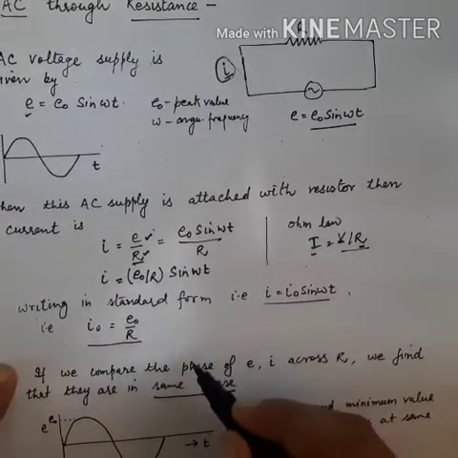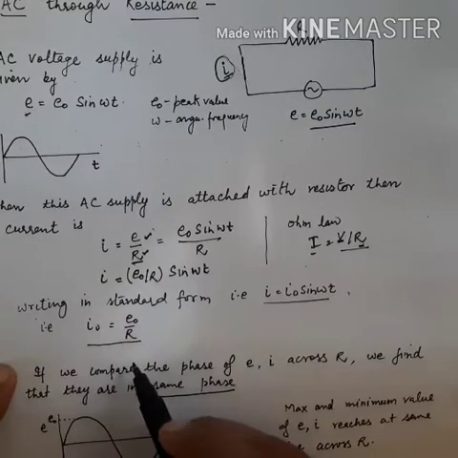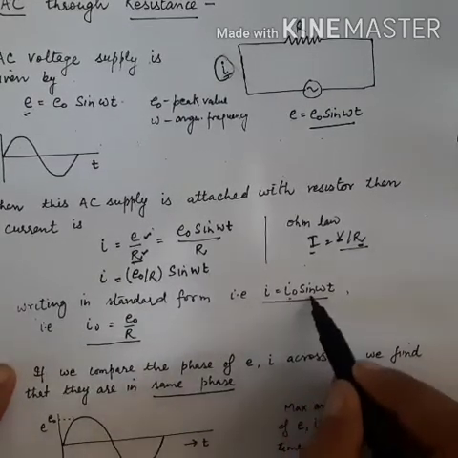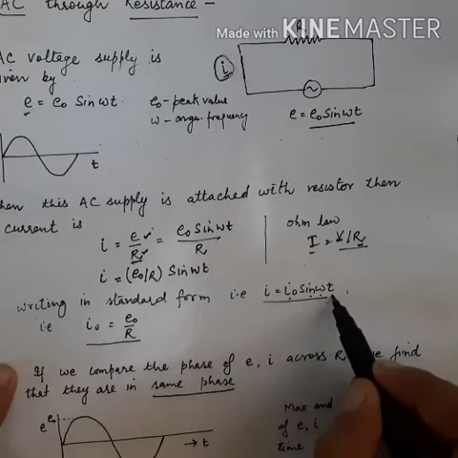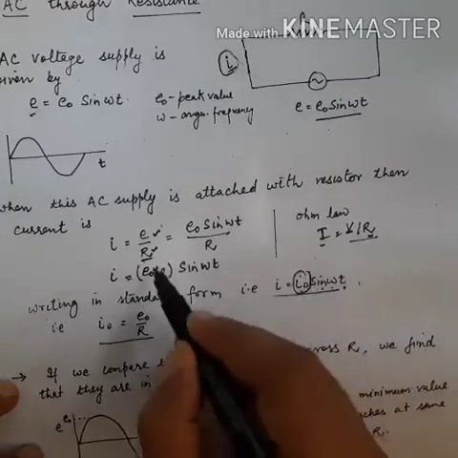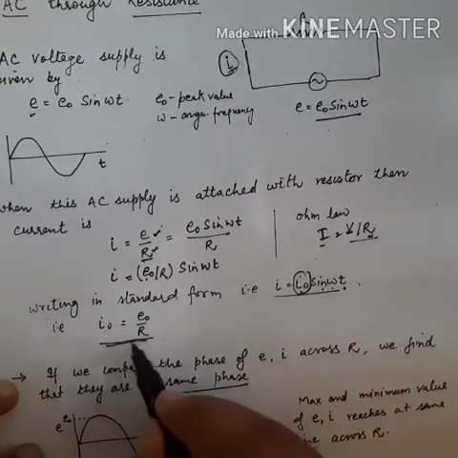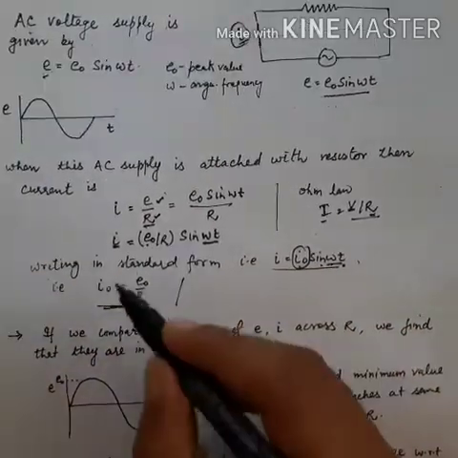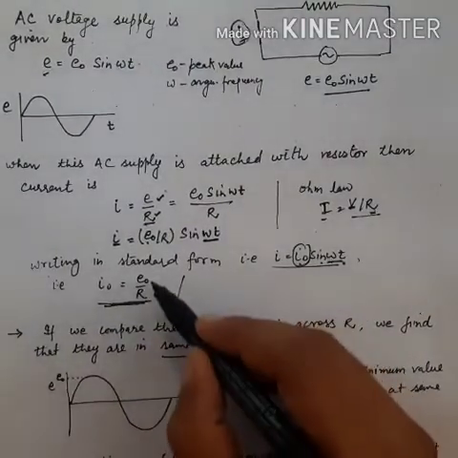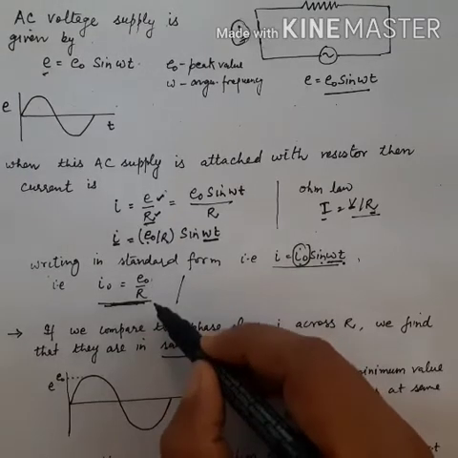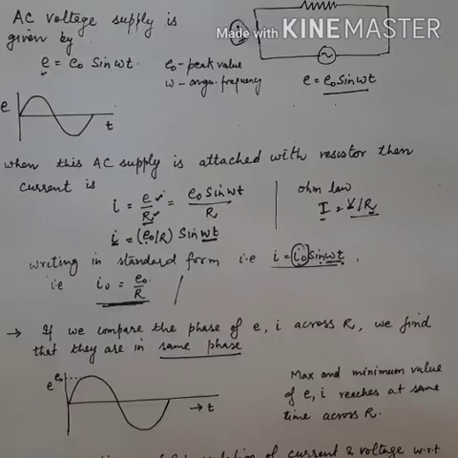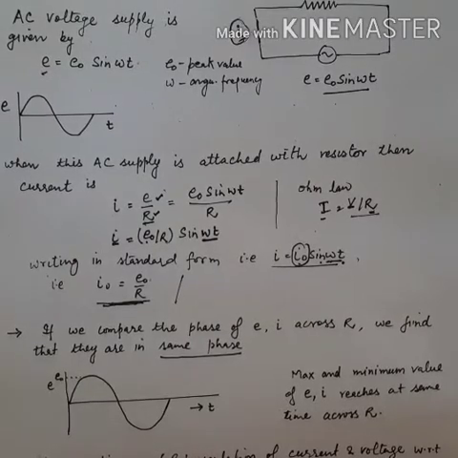But I want to write this current in a standard form, that is I is equal to I naught sine of omega t. Compare both. So this I naught will be equal to E naught by R. The peak value of current is nothing but the peak value of voltage divided by the resistance R, same as Ohm's law.